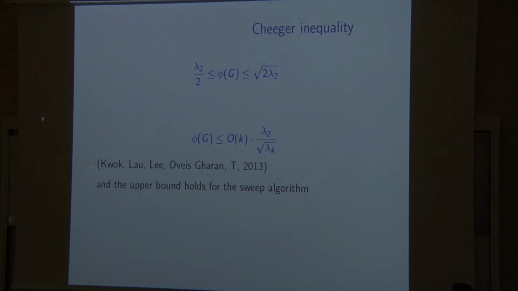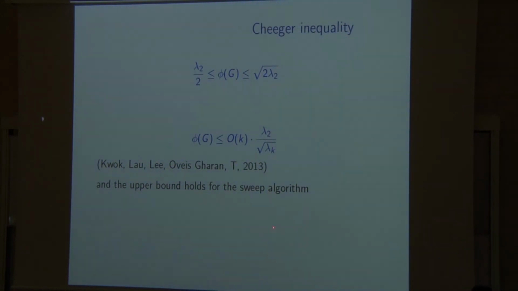But what we proved, with what Kwok, Lau, Lee, Oveis Gharan and Trevisan proved last year, is that at least for some graphs, you can prove an upper bound, which also holds for the output of the simple algorithm, which is linear or somewhat better than lambda 2.